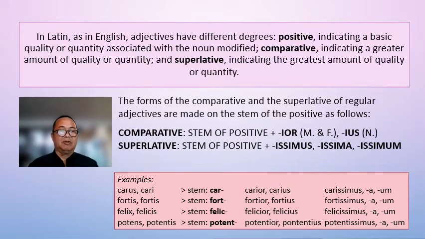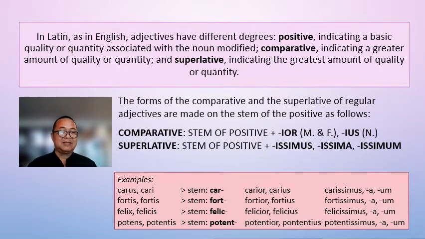So, for example, you have there below, carus, cari. Drop the i of cari, the genitive, and you have car. So you will add -ior, you have carior for masculine and feminine, and carius for neuter. Another example given there, fortis, and the genitive of fortis is fortis.